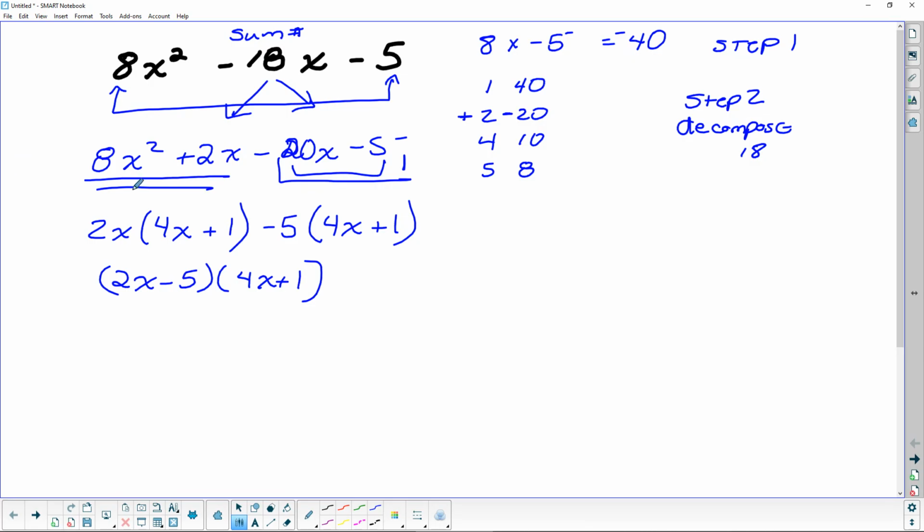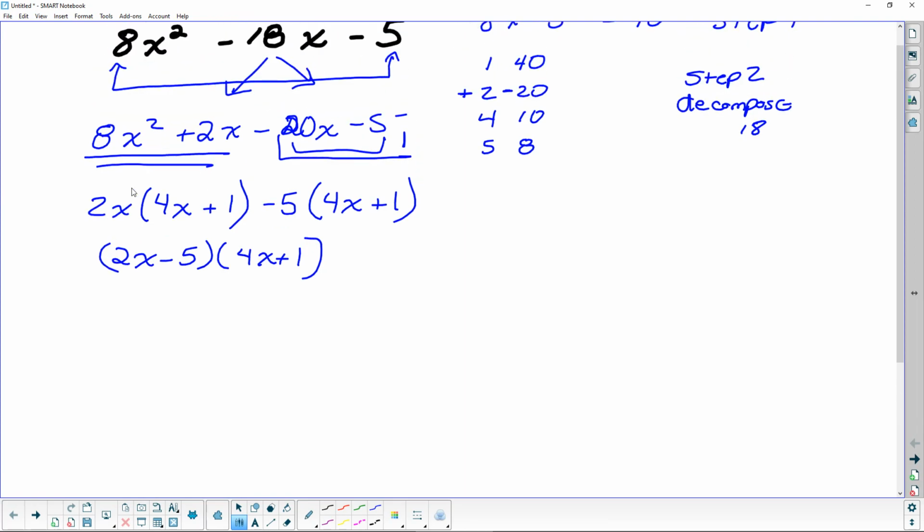Well, let's do another one here. Sometimes you might get a question like this. Now you can see this one does have a common factor of 4.